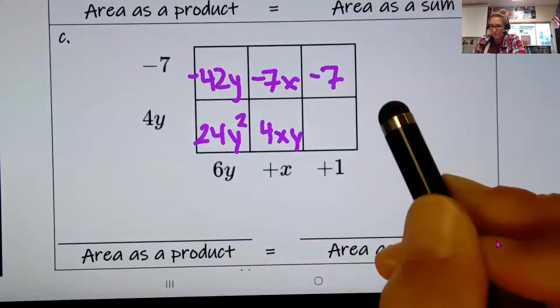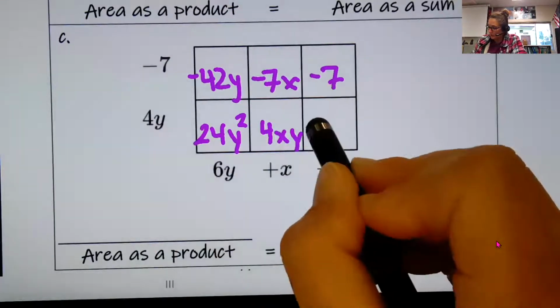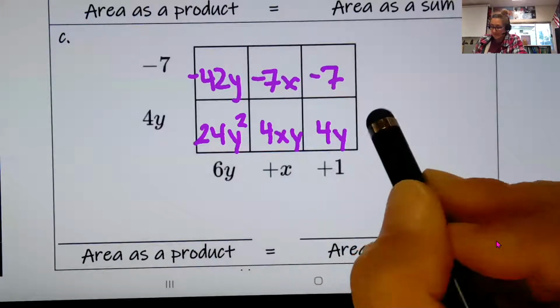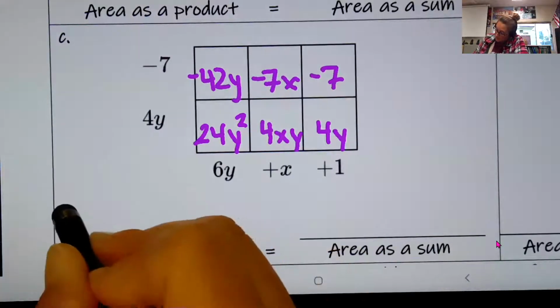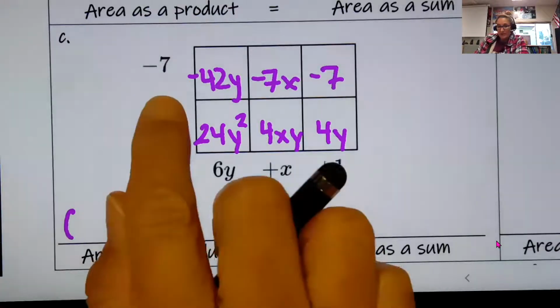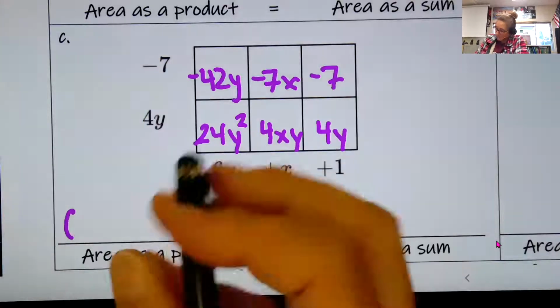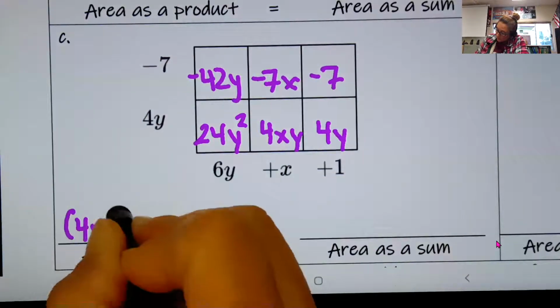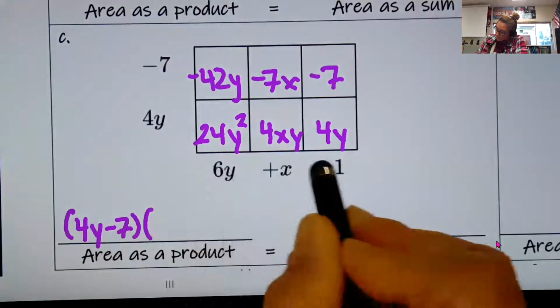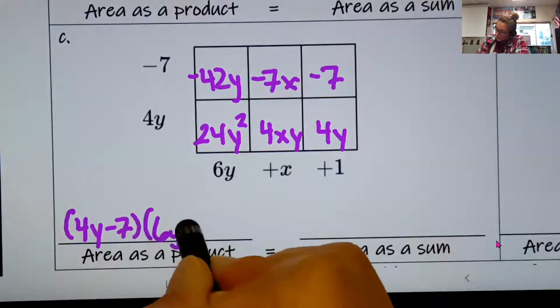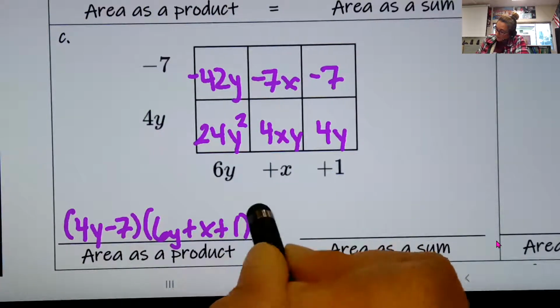That's how you say it a lot of times in math. 4y times 1 is 4y. And then my area as a product is going to be, instead of writing 7y plus 4y, write 4y minus 7, times 6y plus x plus 1, equal.